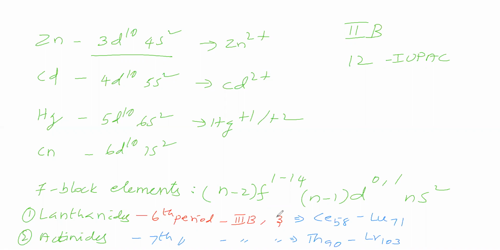If not, suppose the element name given is dysprosium, Dy, and the question is its period number and group number. To say that, we want the electronic configuration first.